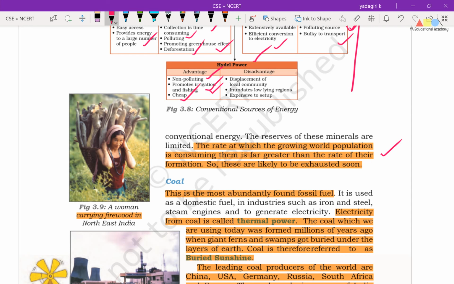Right friends, it is also cheap. And when it comes to disadvantages, the displacement of local communities, because we have to build large barrages. Friends, it inundates low-lying regions, and it is expensive to set up. So the installation cost of hydroelectric power is high, and once it is installed, later production is cheaper.